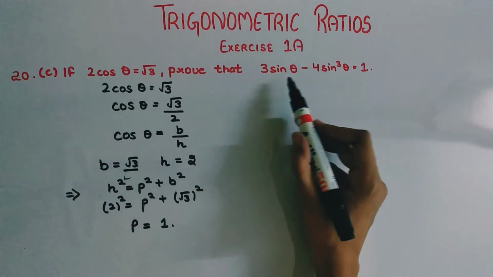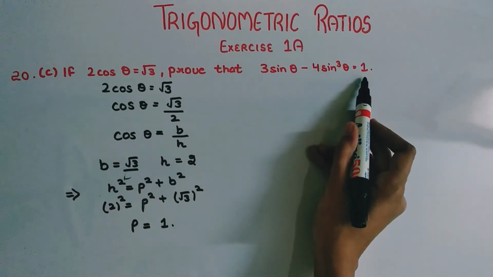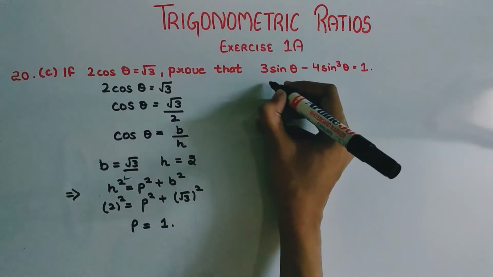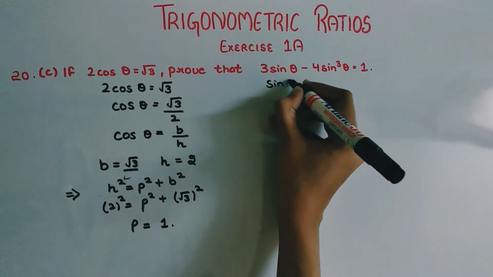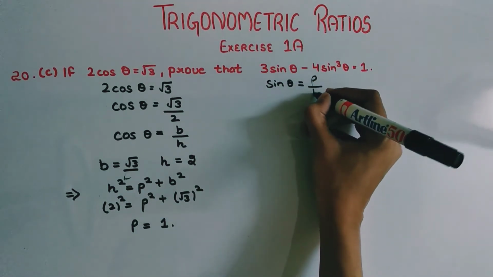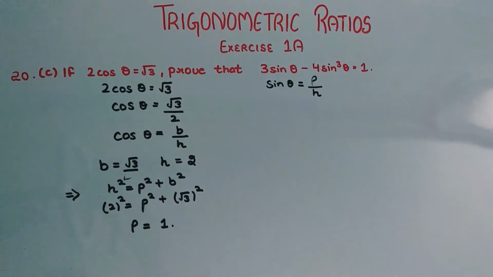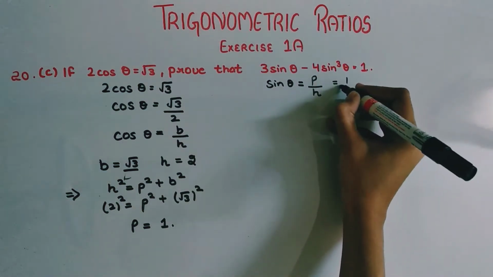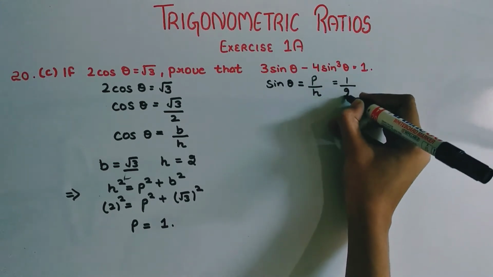Now we need to prove that this equation is equal to 1. For this, first we should have the value of sin theta. Sine of any angle theta is its perpendicular divided by hypotenuse. We have value of perpendicular that is 1 and that of hypotenuse that is 2.